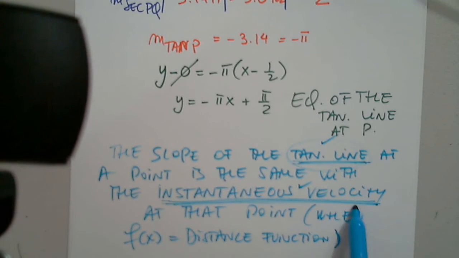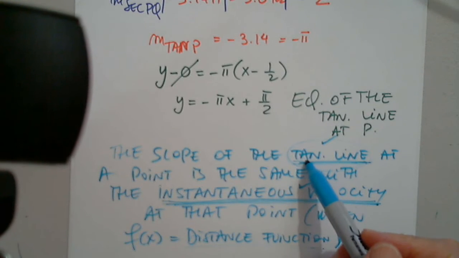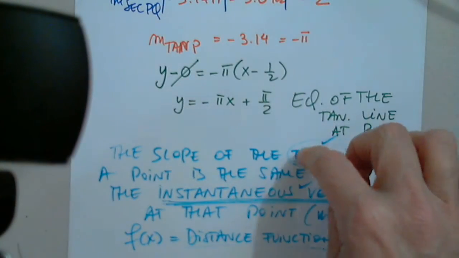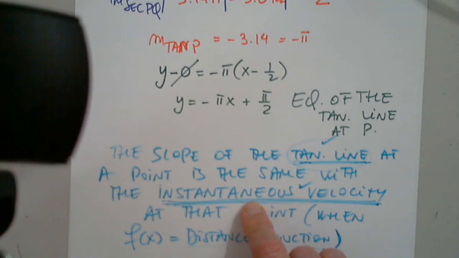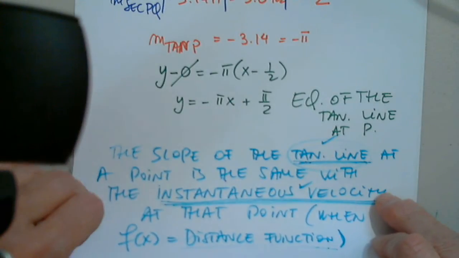We talk about instantaneous velocity when the function is distance, and the slope of the tangent when the function is just a generic function. Both give us the instantaneous rate of change of a function at a point.